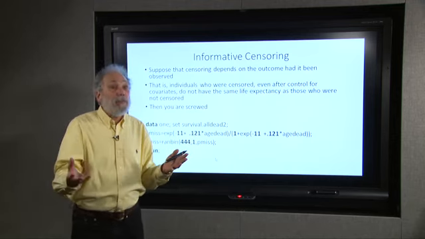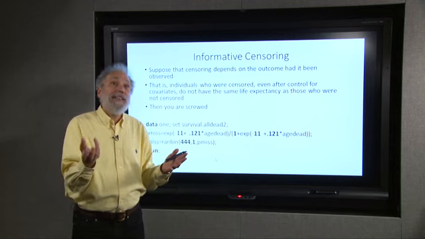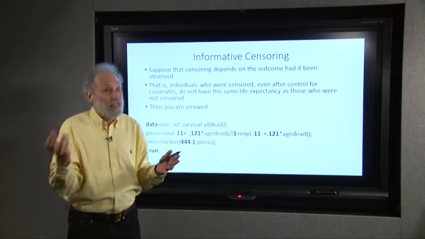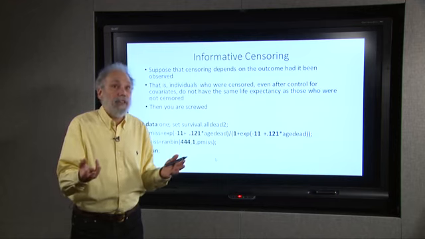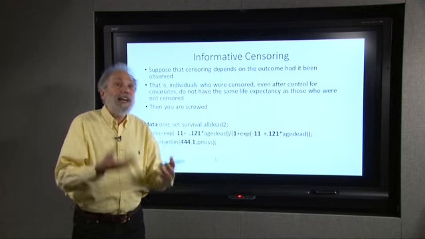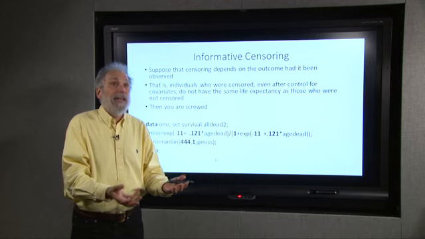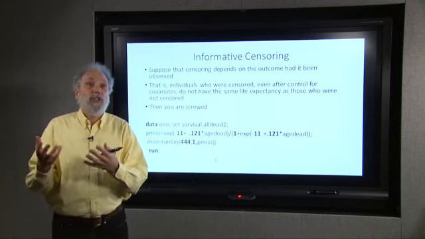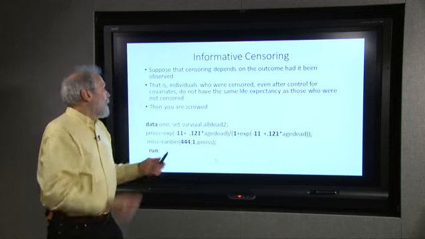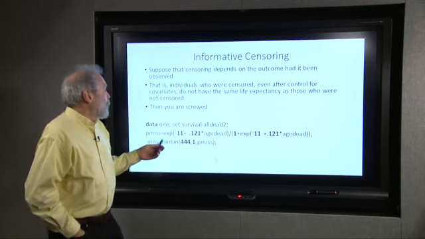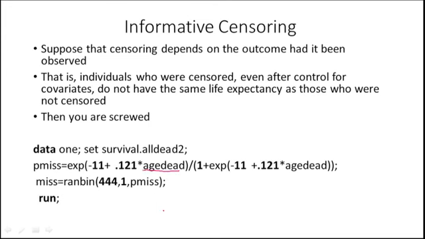Because the people who we don't have the observations on are different in a way that we can't capture with any of the covariates that we have. And that can introduce bias. And let's take a look at that. So what I'm going to do is I'm going to make the missingness depend on the outcome, on the age at which the people died.